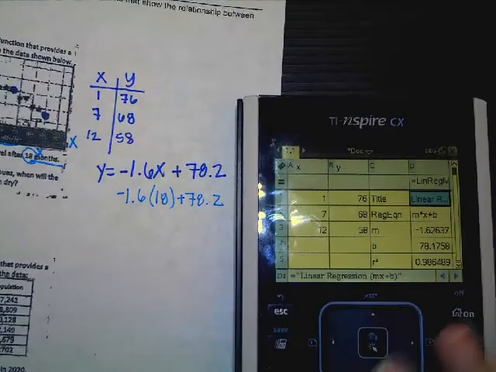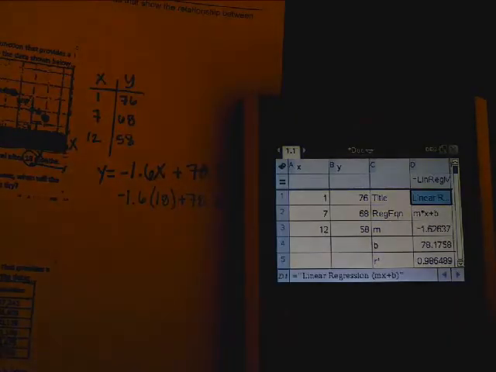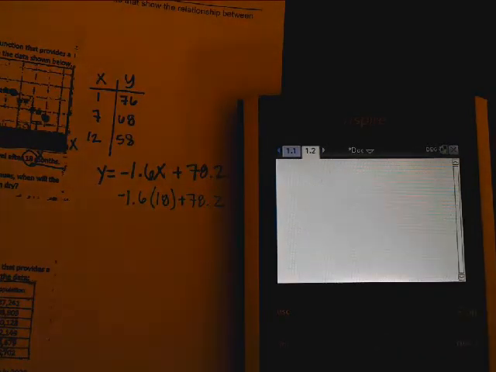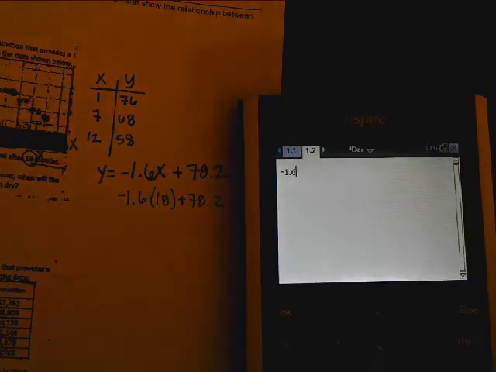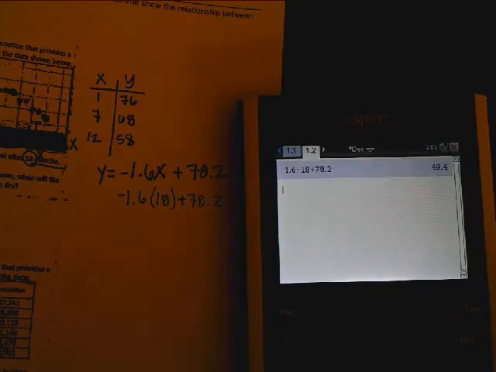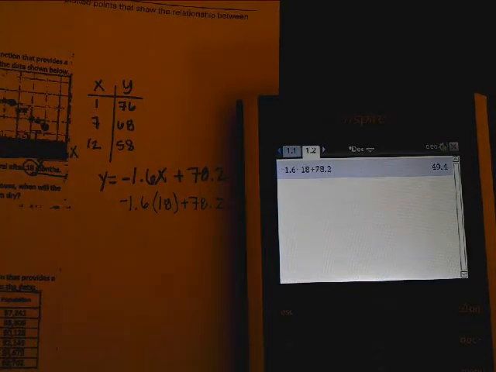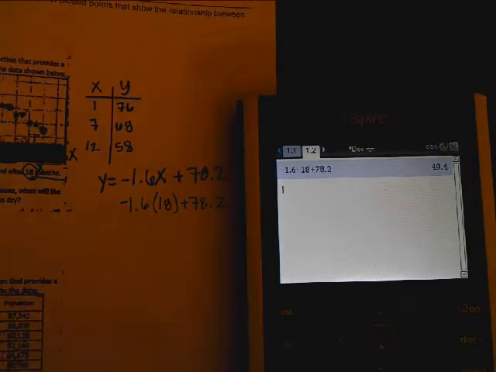Okay, so then we're going to go to a regular calculator. Control dot, calculator. Negative 1.6 times 18 plus 78.2 gives me 49.4.